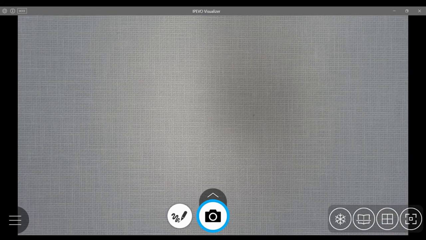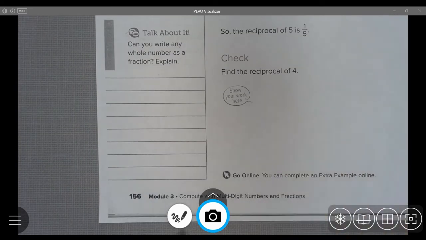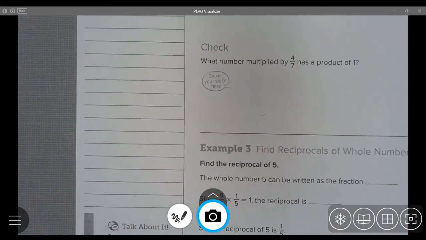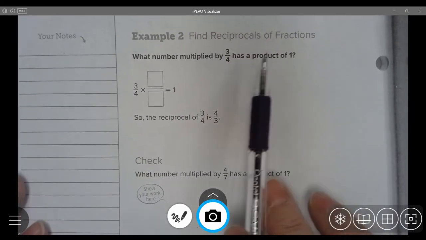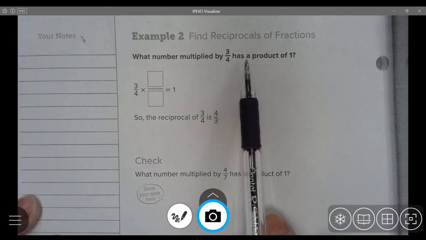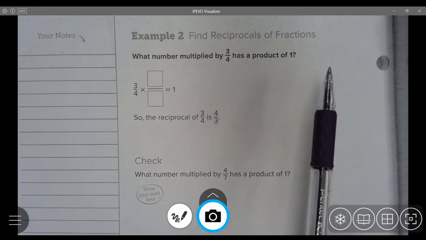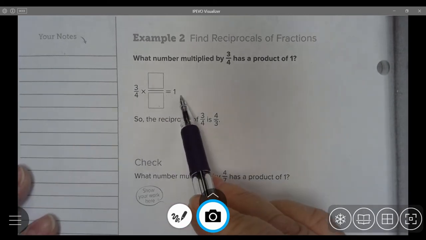Example number 2, which is on page 156. Find the reciprocal of fractions. What number multiplied by 3/4 has a product of 1? So 3/4 times some fraction equals 1.